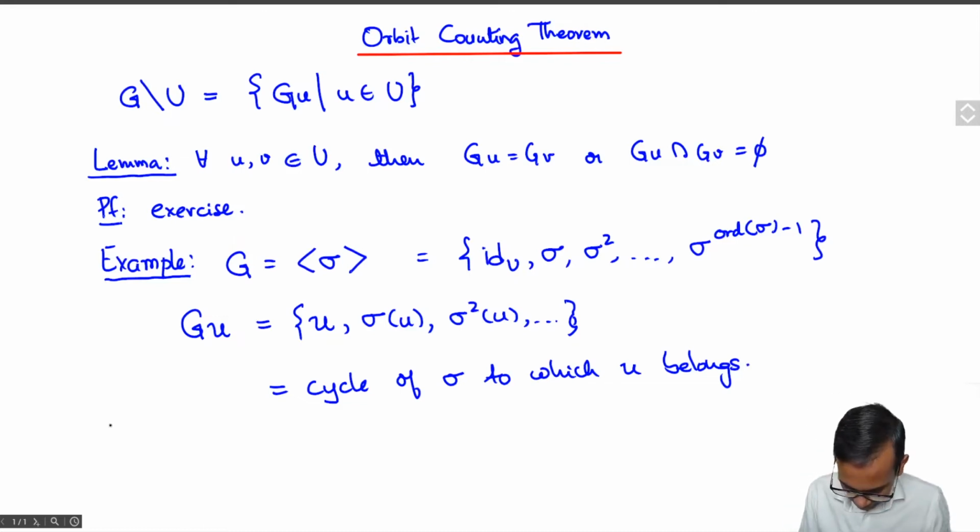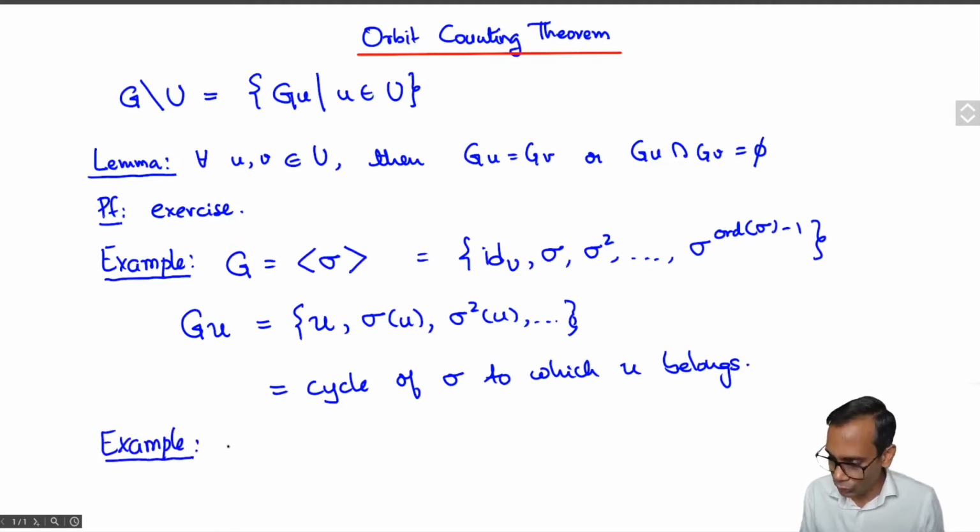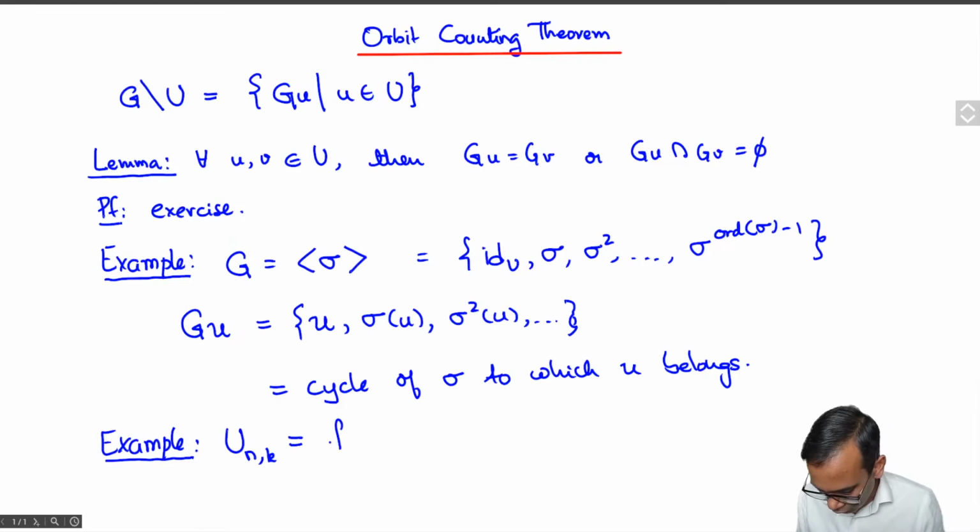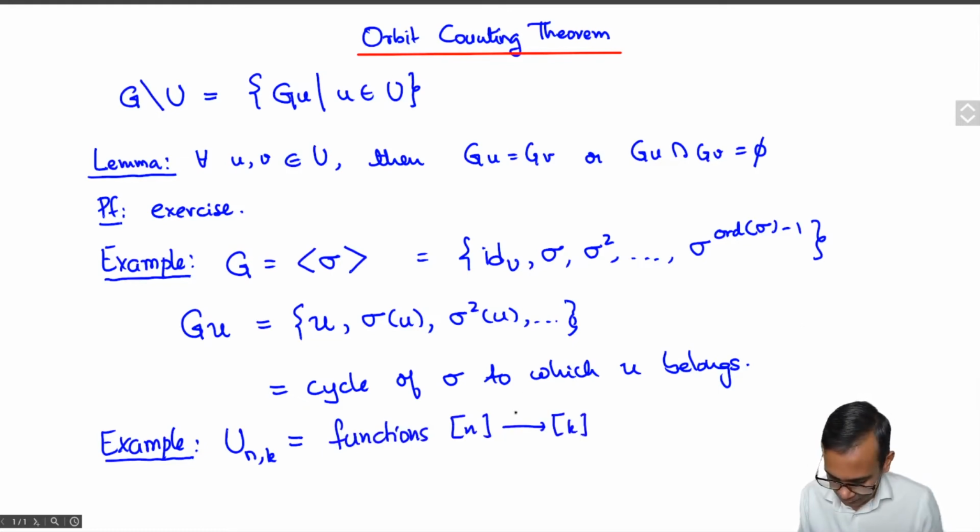Here's another example, and we will be looking at this example more closely in the future. We've also encountered it before. Let U be the set of all functions from N to K, and I want to think of these as necklaces.